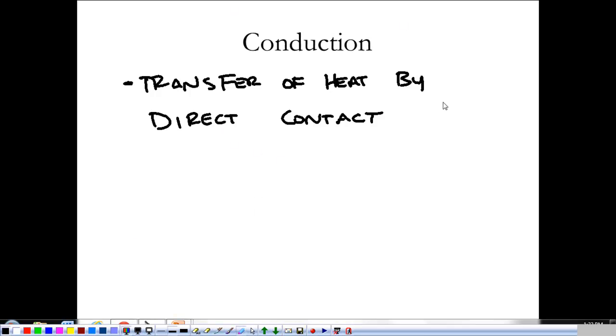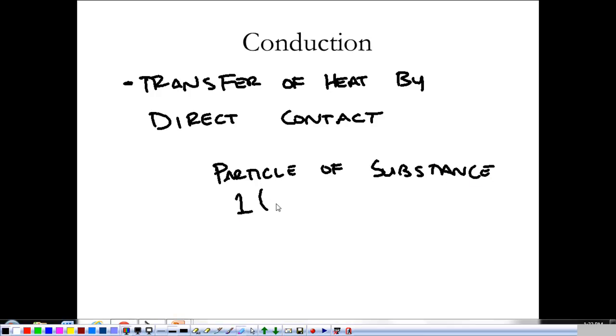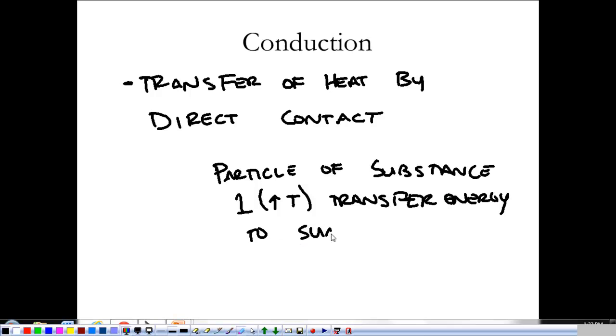Now, with conduction, with direct transfer of heat by contact, particles of substance 1, this would be a high temp, transfer energy to the second substance with a lower temperature until those temperatures are equal. The whole goal of heat transfer is to have equal temperatures.